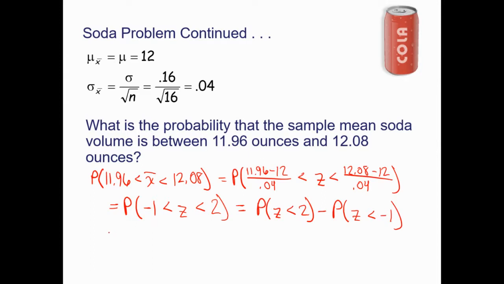What's the probability that z is less than 2? 0.9772 minus, okay, what's the probability that z is less than -1? 0.1587. And if we subtract those, we get 0.8185. There we go. There's our probability.